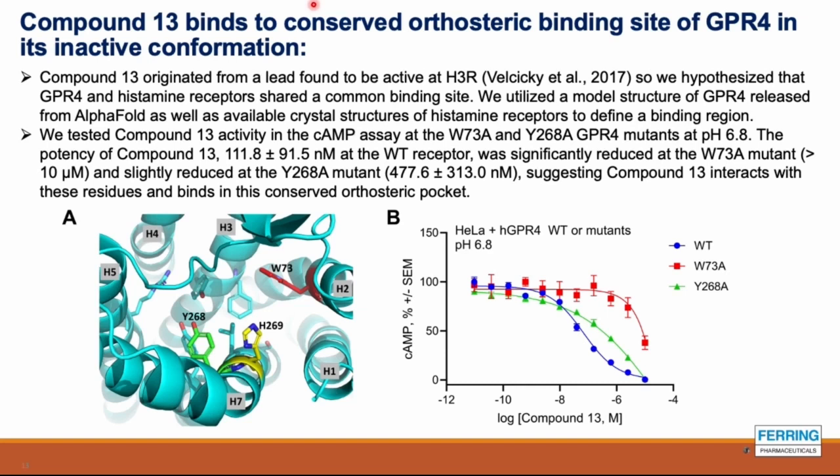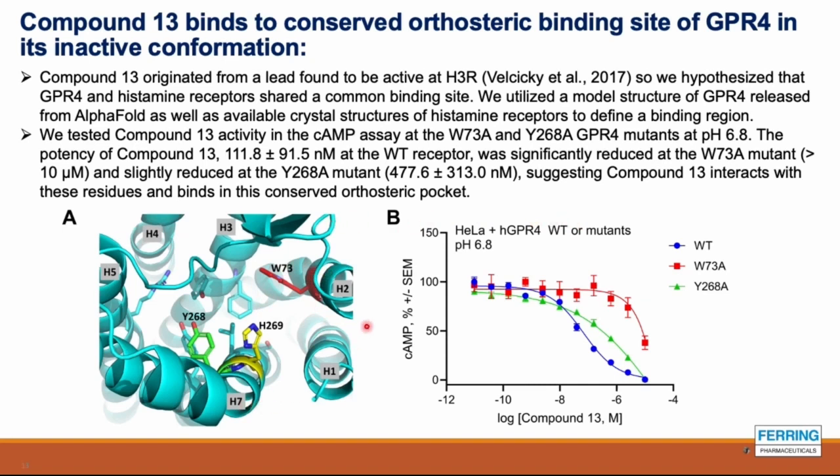We also utilized available crystal structures of several histamine receptors and aligned them to the AlphaFold model of GPR4 to identify residues in the conserved orthosteric pocket of GPR4 that would likely be involved in the binding of compound 13. And we performed some mutagenesis of some of those residues in that binding pocket to see if those mutations would affect the binding and the potency of compound 13.